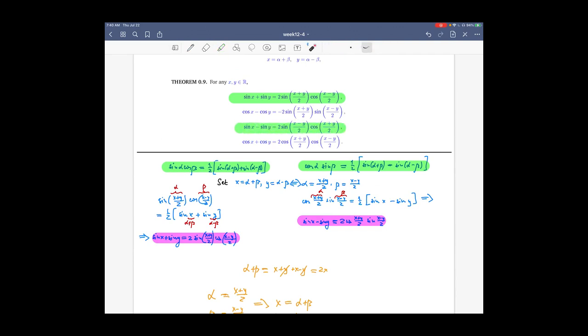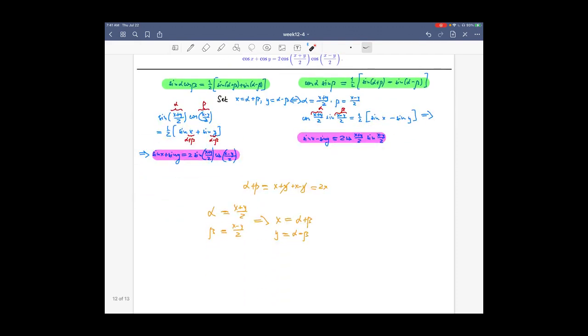This formula is especially useful in calculus when you need to prove that sine is a continuous function. And the same thing with the other two formulas.